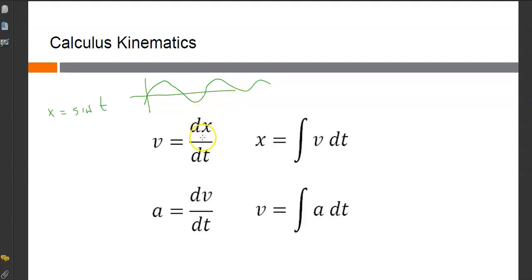But I could take the derivative of that position and get the velocity. Take the derivative again and get the acceleration at any point in time. If I knew the velocity, you get the idea, right?